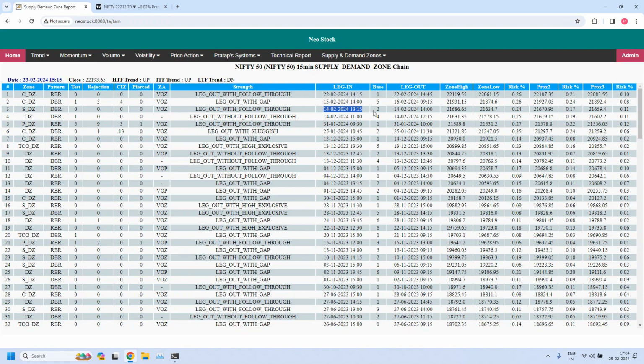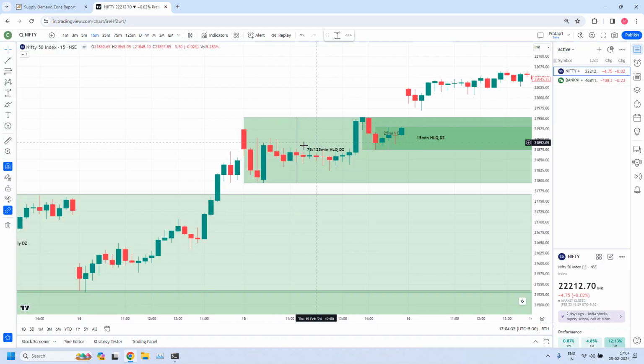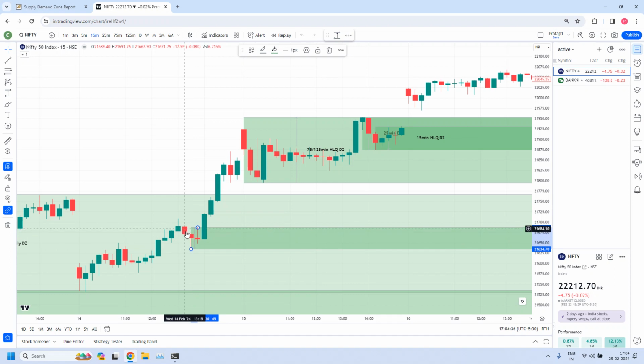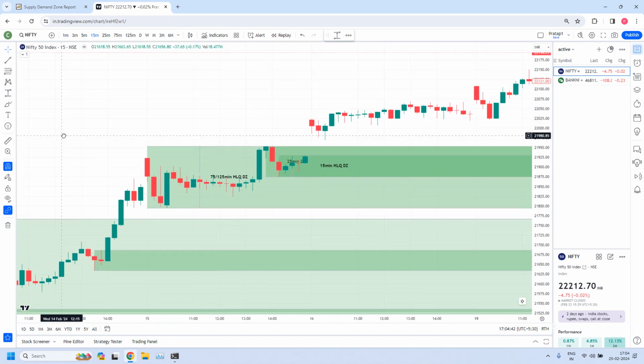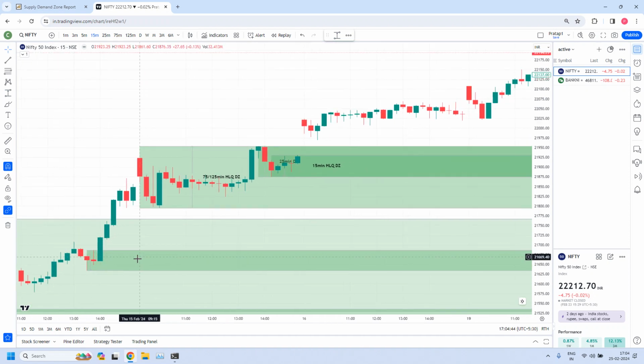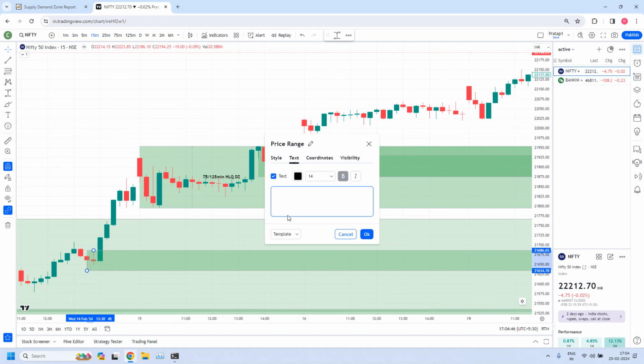See here, 14th February, 2 base candles. So let us draw the zone. Drop, two base candles and a rally candle. And what kind of zone? This is also a high liquidity zone, 15 minutes.